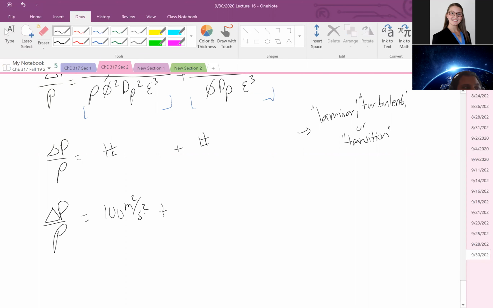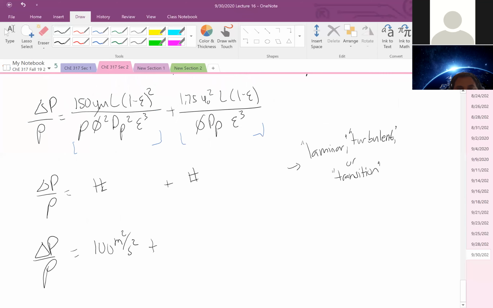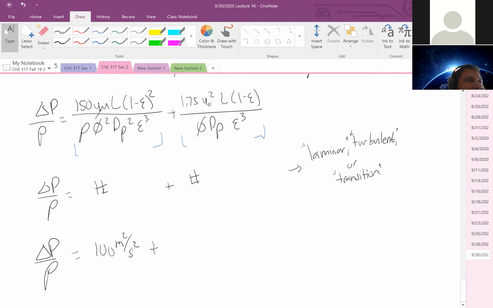What about the second term? I got about 0.01. Any other values? I got 116 for that second value. 116. I also got 0.01. All right, well, let's take a look.